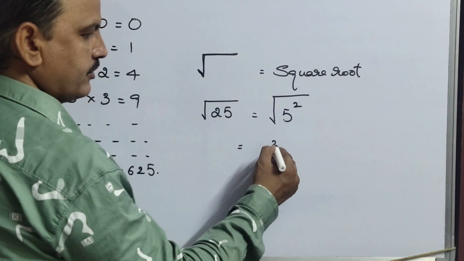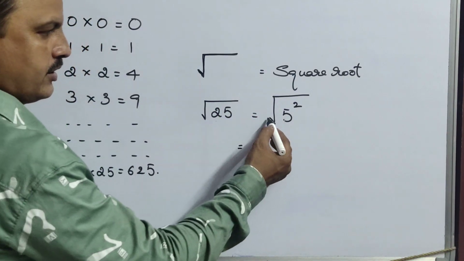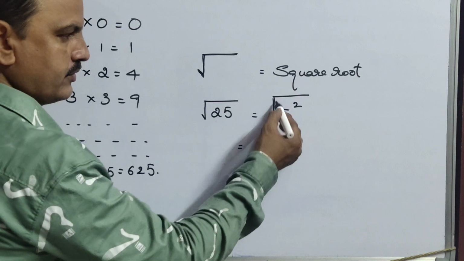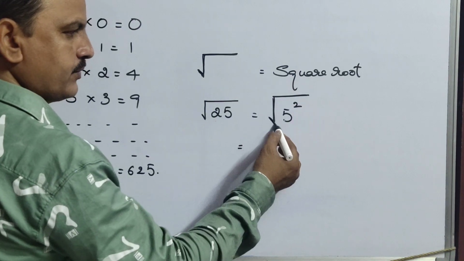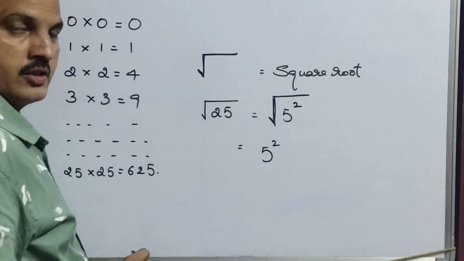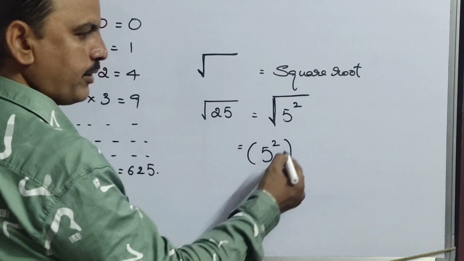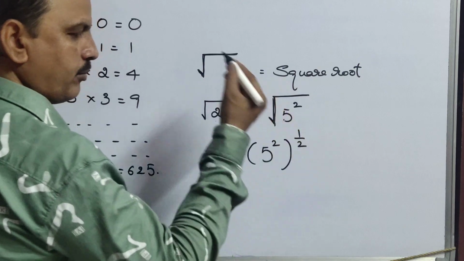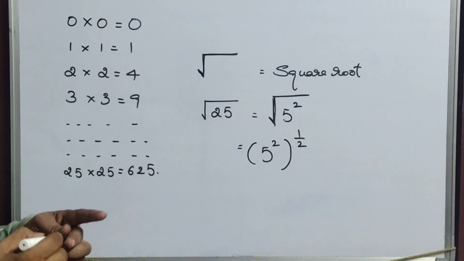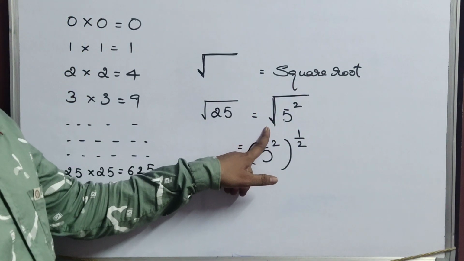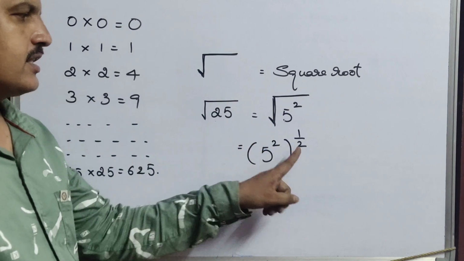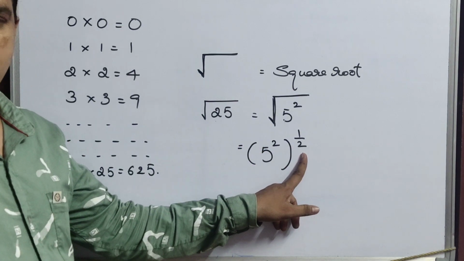5 squared, children, the square root is there, no? The square root symbol can be removed by keeping the whole bracket with power 1 by 2. That means the square root turns into the power 1 by 2. Is it clear?